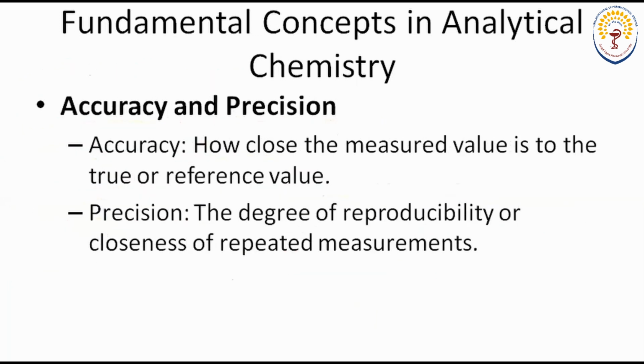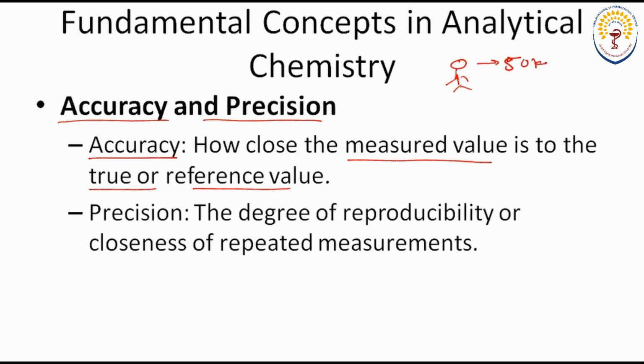Coming to the next slide, accuracy and precision. This is an extremely important term. Accuracy means how much the measured value is close to the true or reference value. For example, there is a person whose actual weight is 50 kilogram, and there is a person A who calculates it as 49.5 kilogram, and a person B who calculates it as 48 kilogram.